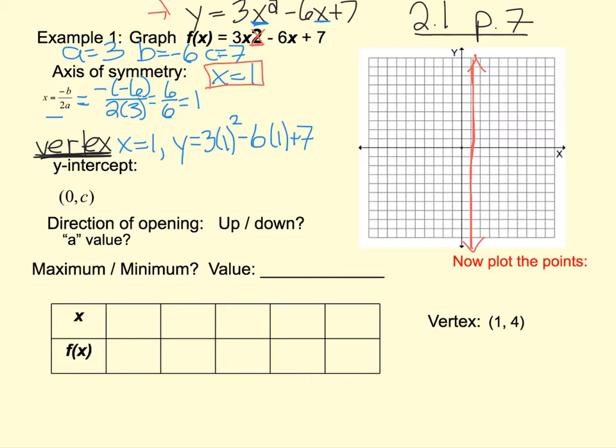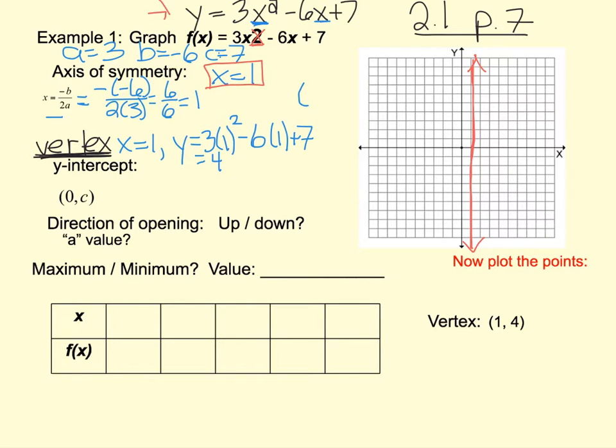And this would give me 1 squared is 1. 1 times 3 is 3. So that would give me 3 minus 6 plus 7, which gives me 4. So if you're having trouble following that math, I recommend you pause the video and put that in your calculator and confirm that indeed it is 4.